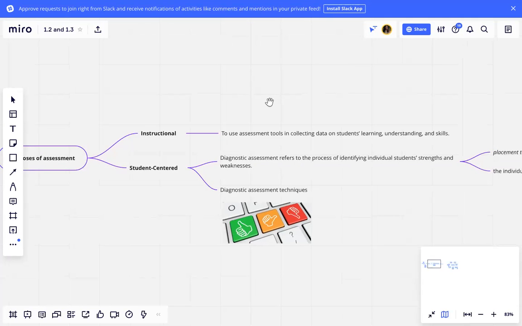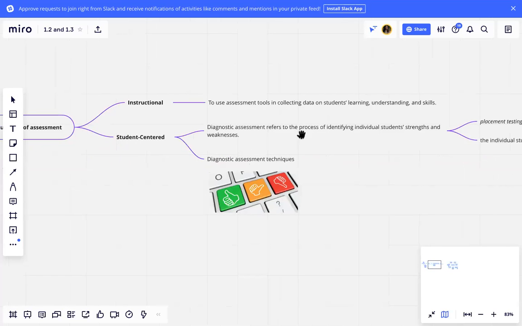I said that we need to be conscious in the way that we assess our students, for example, if we are using the techniques or the instruments properly, purposefully. Thank you for the explanation.